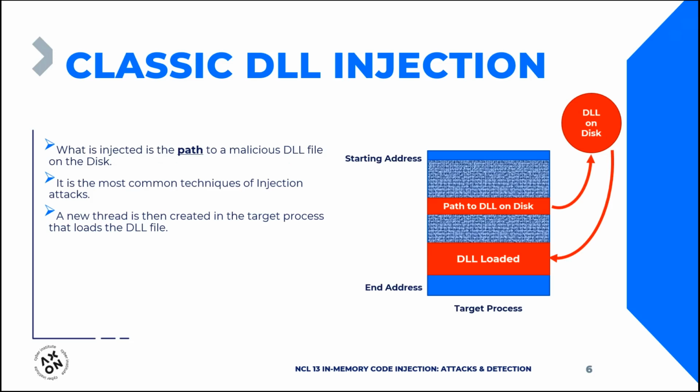So the malware or the attacker creates a DLL on the disk, not in memory, on the disk, and then the attacker or the malware would inject the path of that DLL into the target process, and then that target process, with a certain trick, we're gonna see now what this trick is, will load at a later stage that DLL from the disk into its own memory space, and then will run it as part of that process.